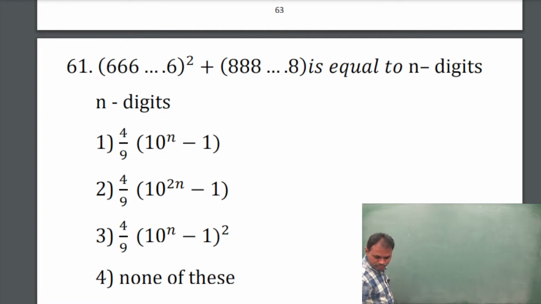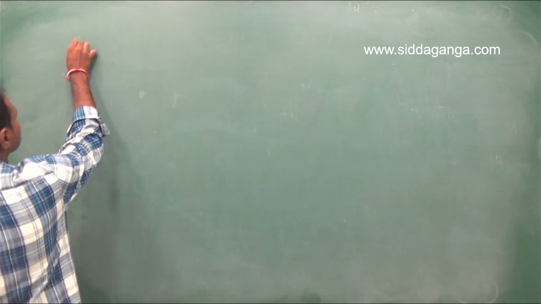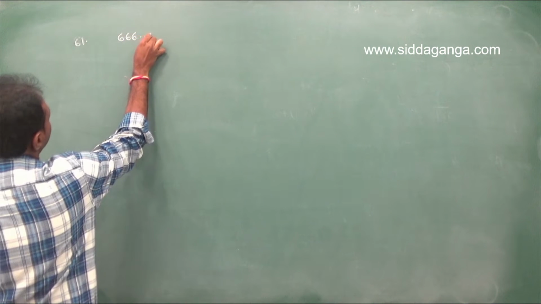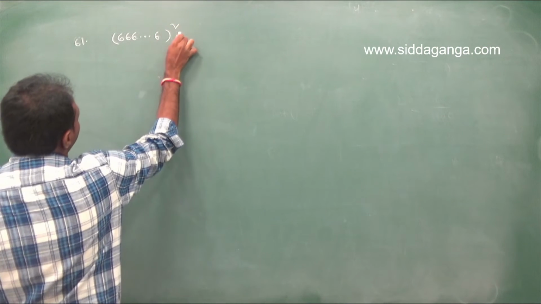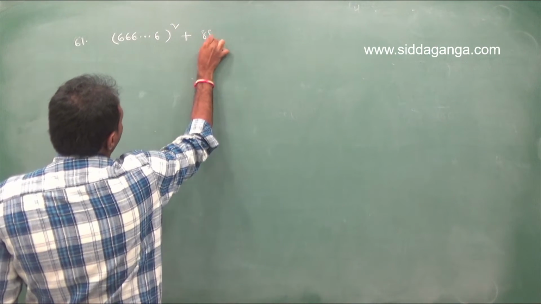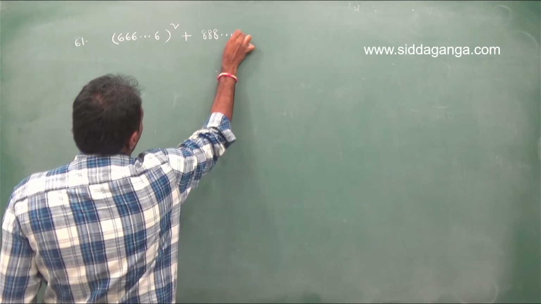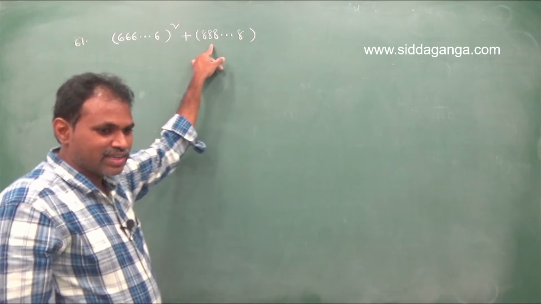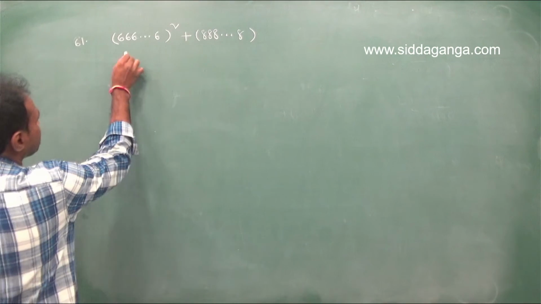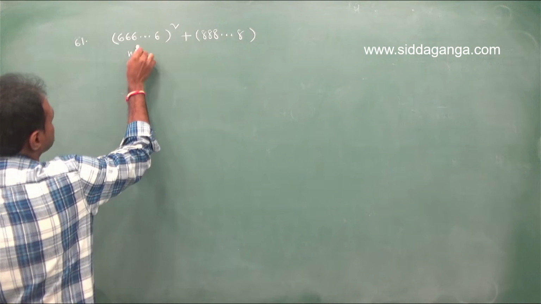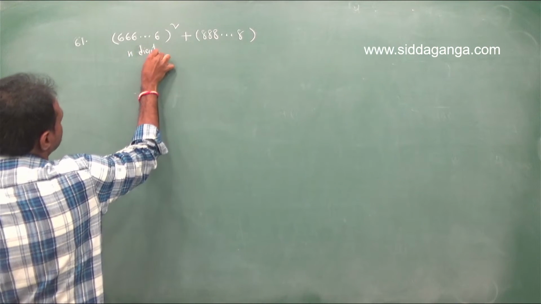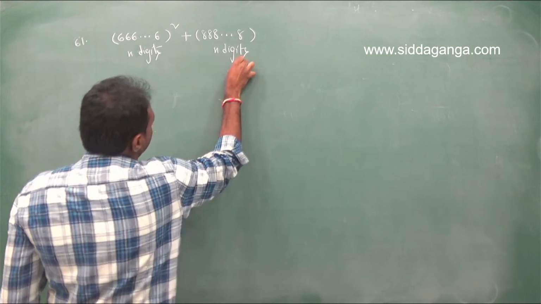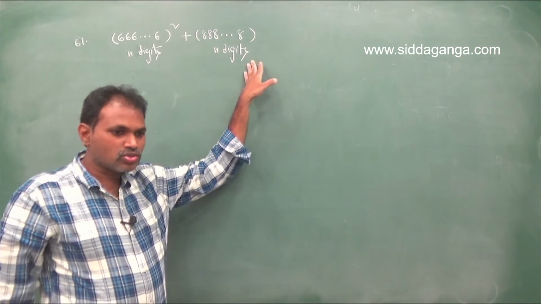Here the first series whole square is there and the next one whole square is not there. Here n digits are there and here also n digits are there.